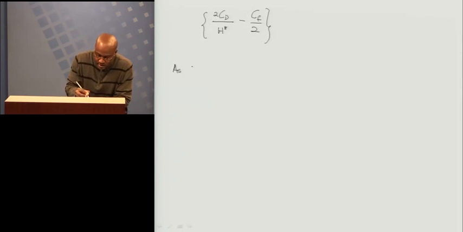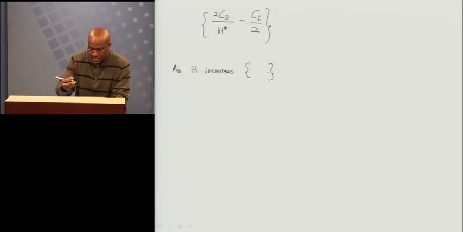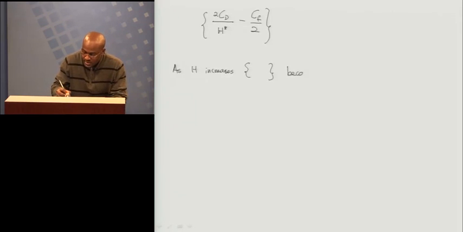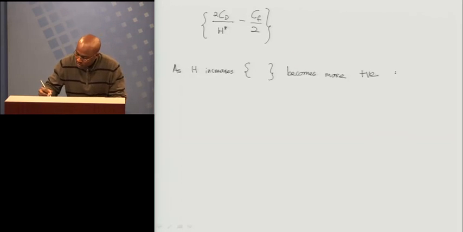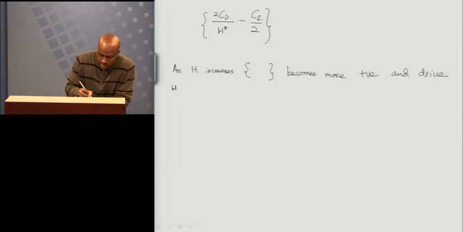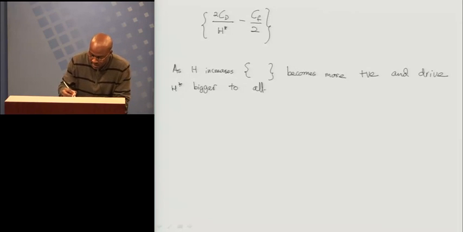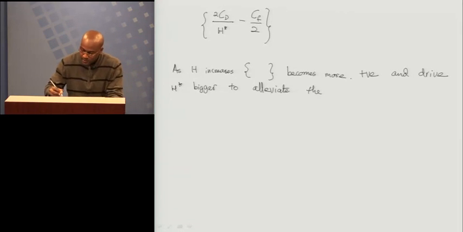As H increases, that term up there becomes more positive, and it drives H star to be bigger. And that alleviates the tendency to separate.